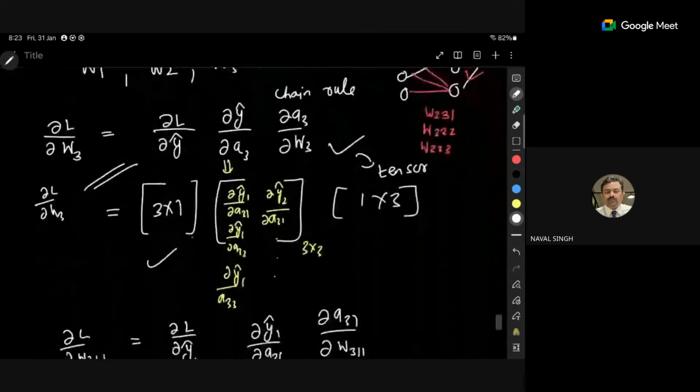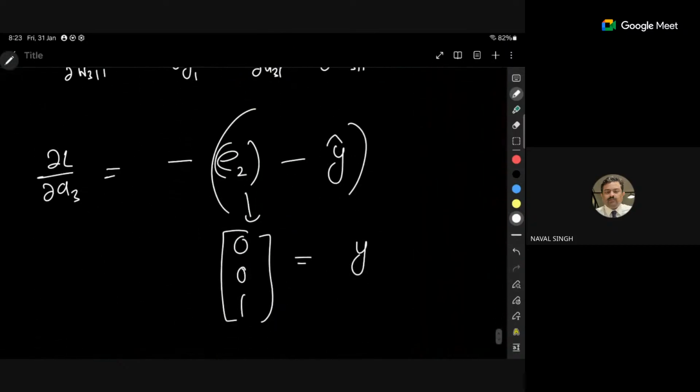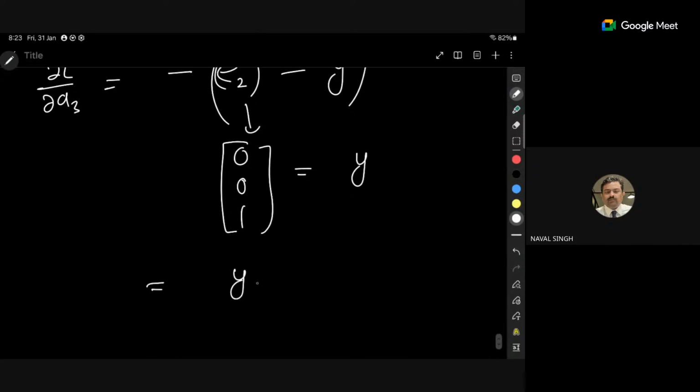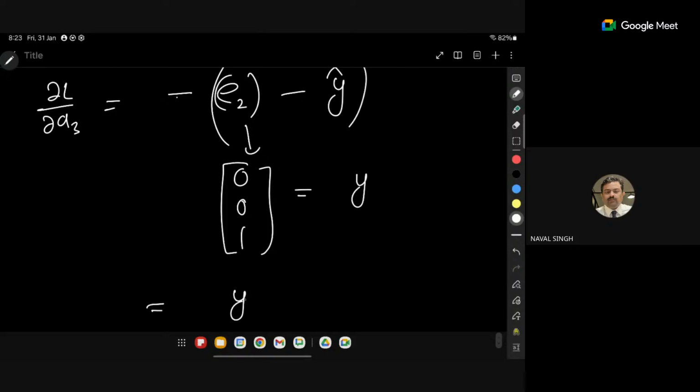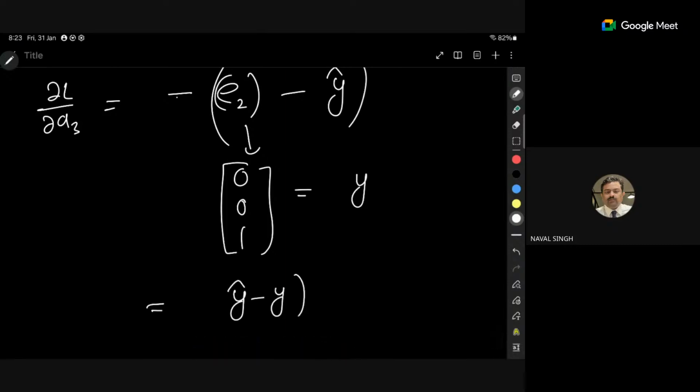So EL is actually y. So whenever you see EL in this, if you go back and see this lecture by sir, wherever he used EL, you can write it as y. Fine? Is it okay? Yeah, so I think it's y minus y hat. So now if you take this minus and you do this computation, you get y hat minus y. Fine. Yes.